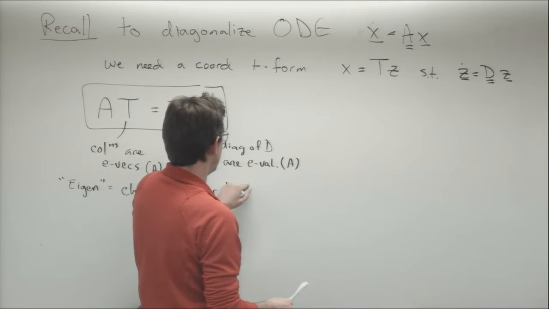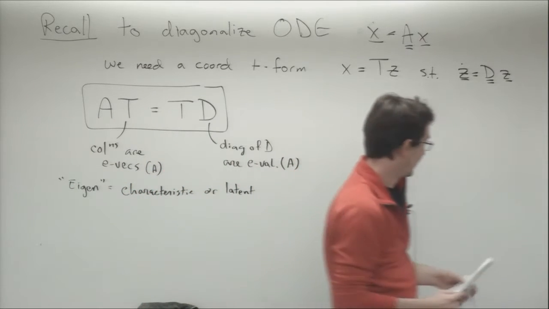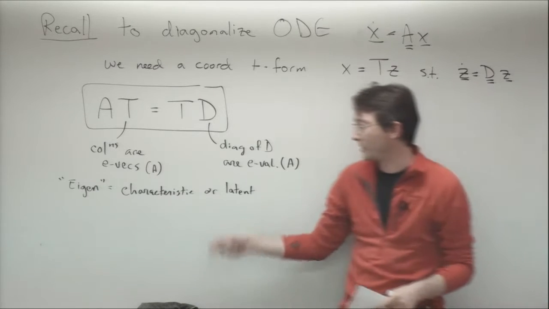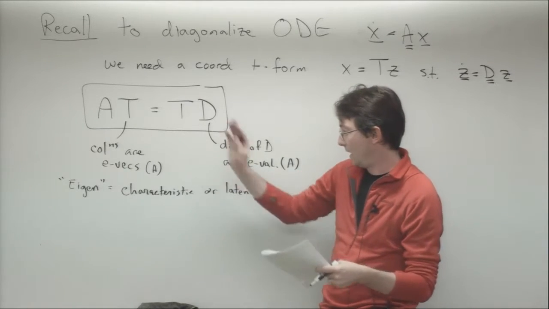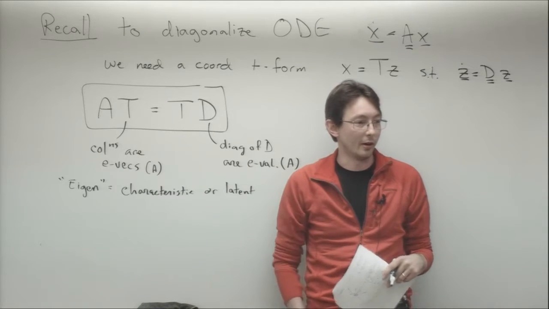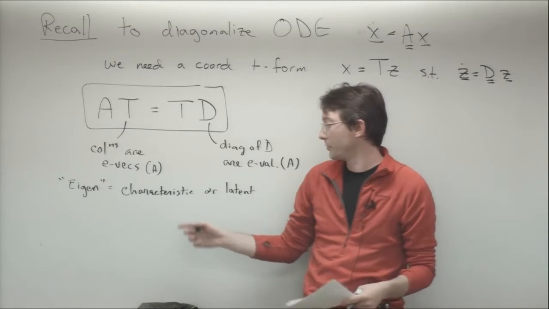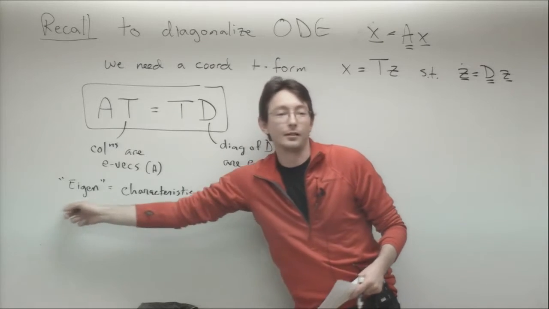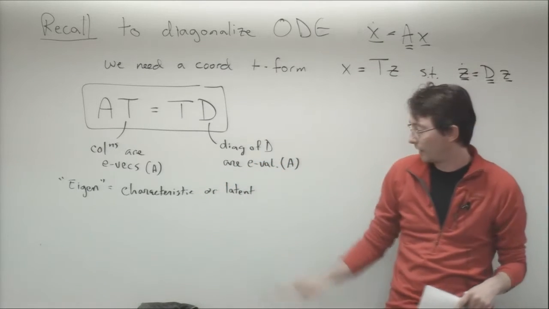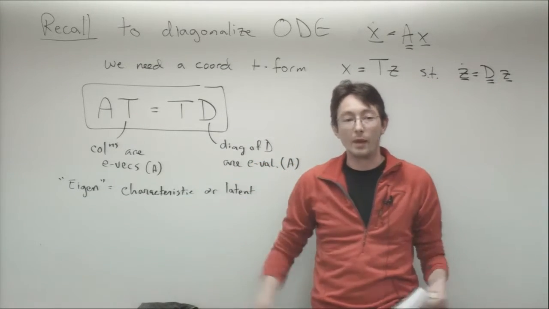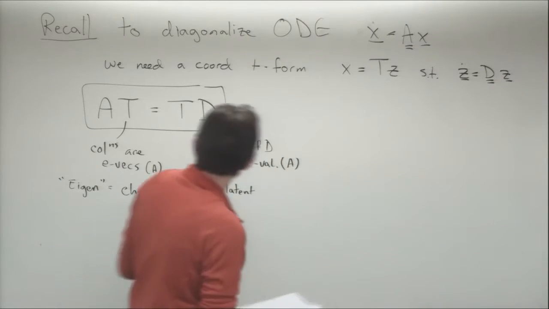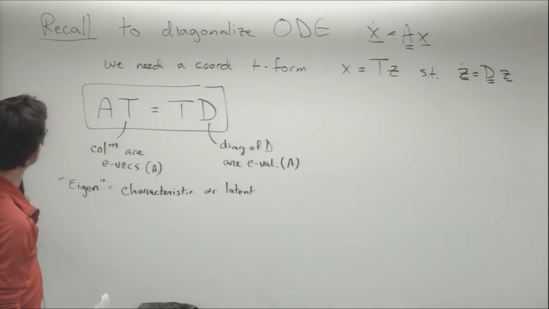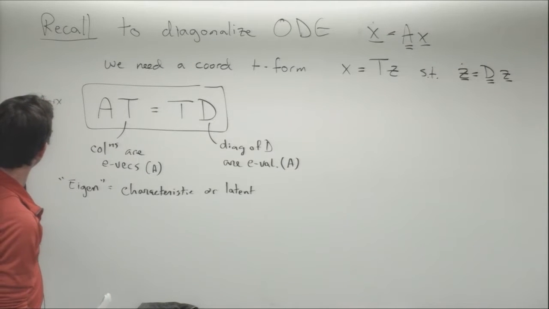And the best way I've heard this German word described, so I don't speak German, is if you boiled a pot of the A matrix and you boiled all the water off, everything that is left, all the residual stuff, is the eigen decomposition of A. It's the characteristic or latent remainder after you've done this nice factorization of the A matrix. And this matrix form is a little bit difficult to work with.